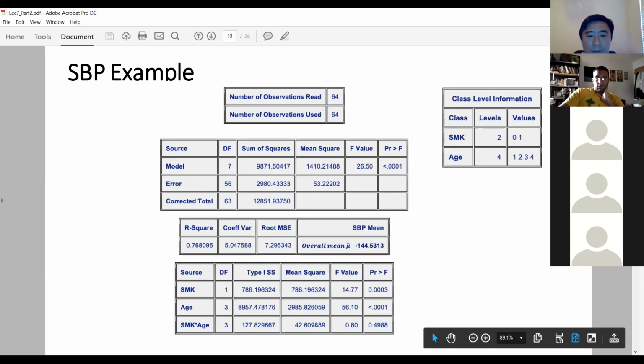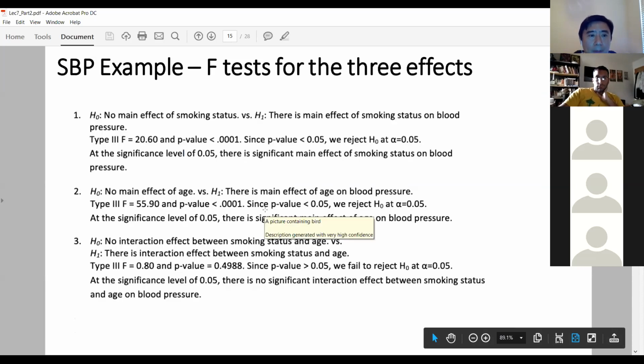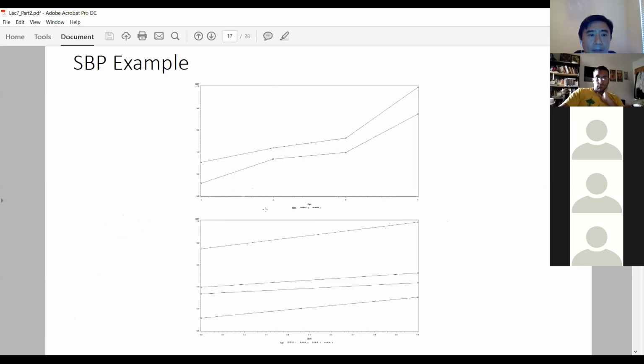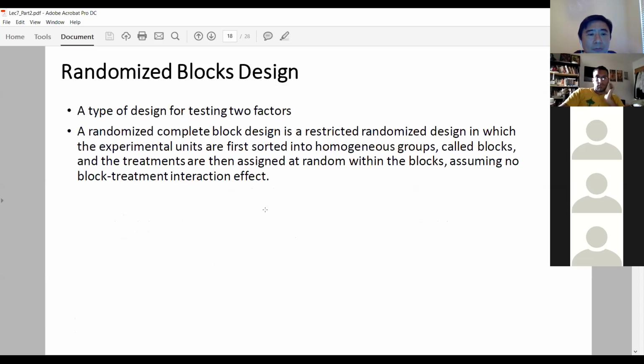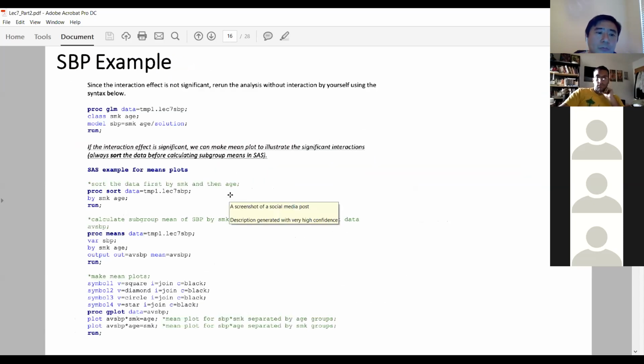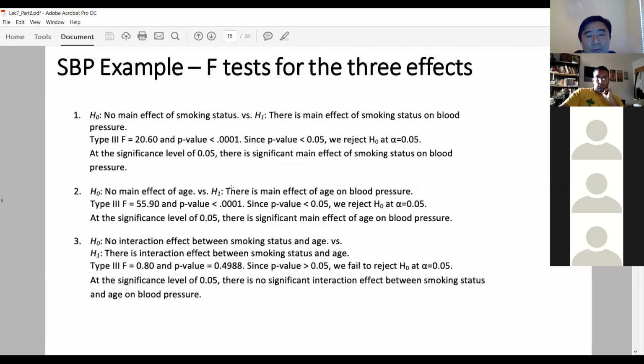So the interaction, why you need to do the test for the interaction. And the other important thing is when you want to finalize the model, you need to test the interaction term first.